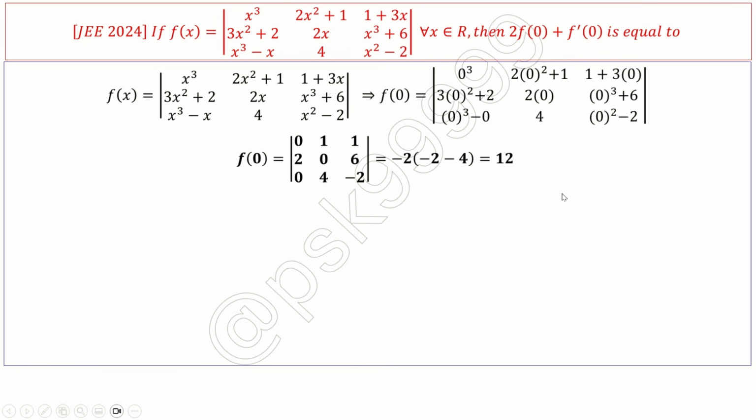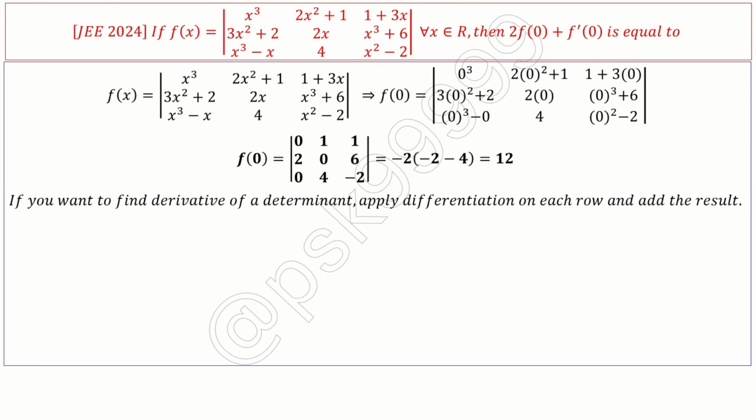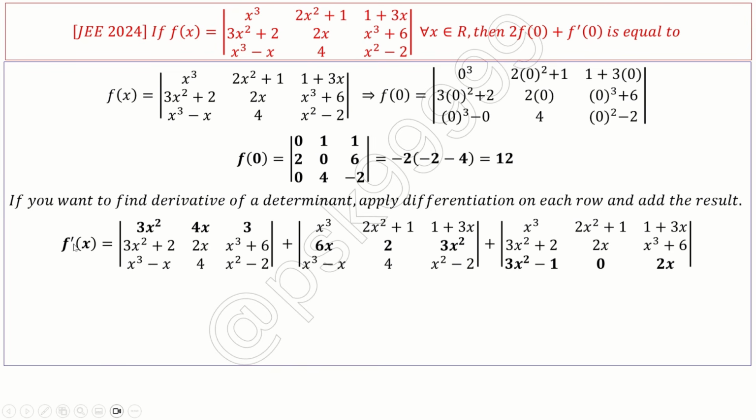Now, how do you get f dash 0? Here also you don't require complete expansion of the determinant in the polynomial way. This is important to note down. When you want to differentiate the determinant f of x, first differentiate the first row: x cube gives 3x square, 2x square plus 1 gives 4x, 1 plus 3x gives 3, and keep the second and third rows as they are. Plus, keep the first and third rows as they are and differentiate the second row: 6x, 2 and 3x square.